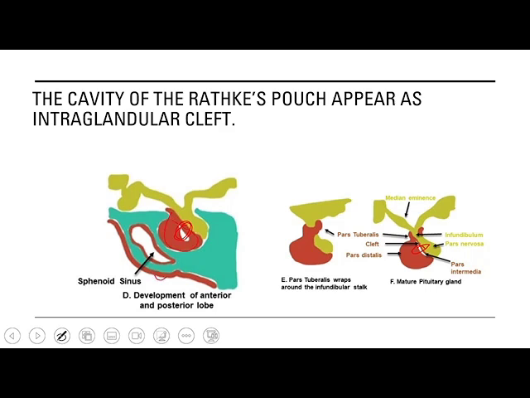And here is even more clear, and you can see that this is Rathke's pouch, which has been detached from this surface ectoderm, and this detached Rathke's pouch's anterior wall gives rise to the pars distalis, and its posterior wall gives rise to the pars intermedia.